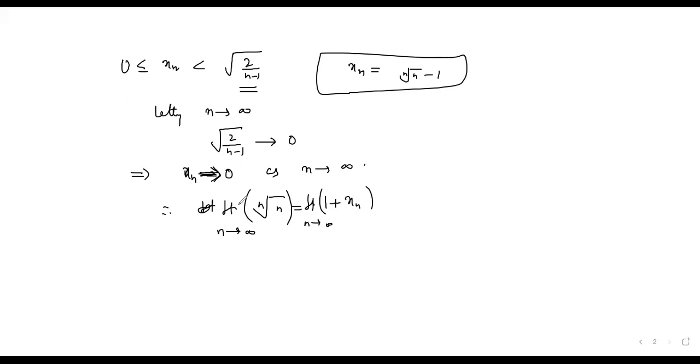So therefore this would be 1 plus 0, and hence जो हमें चाहिए था कि nth root of n as n approaches infinity should be nothing but 1. Right.